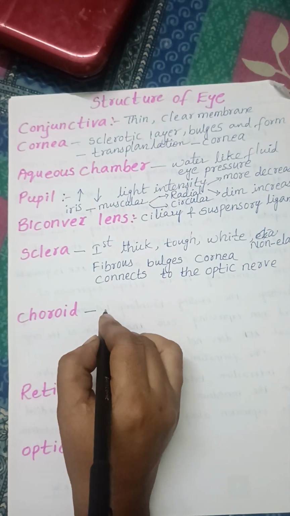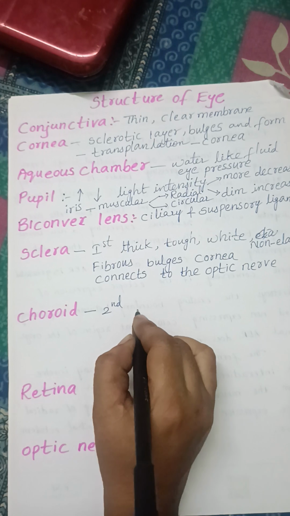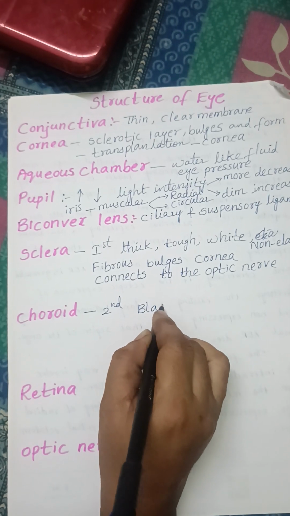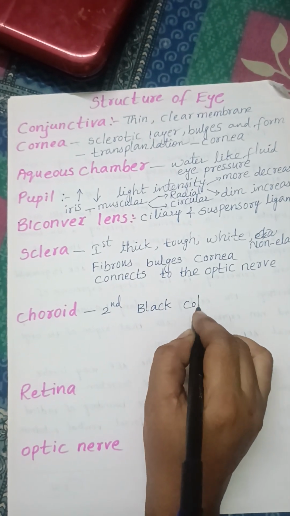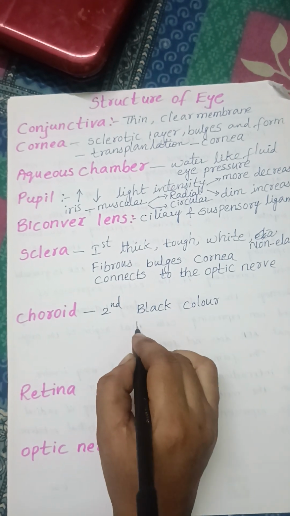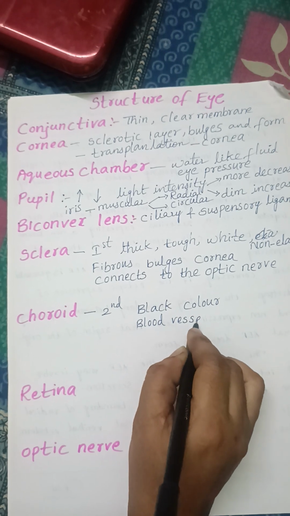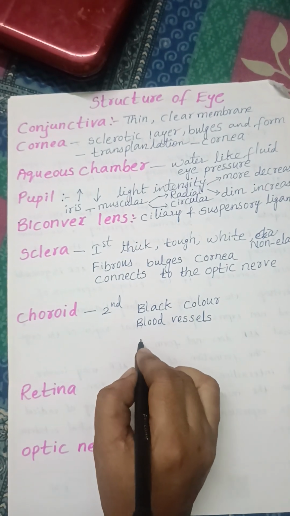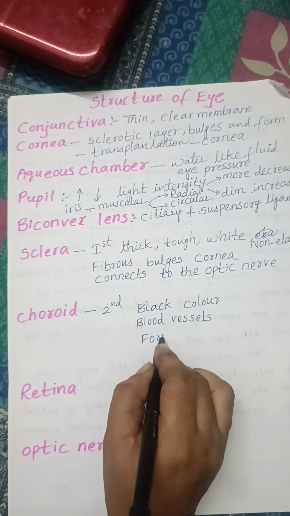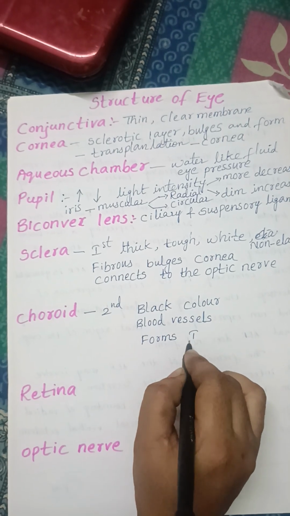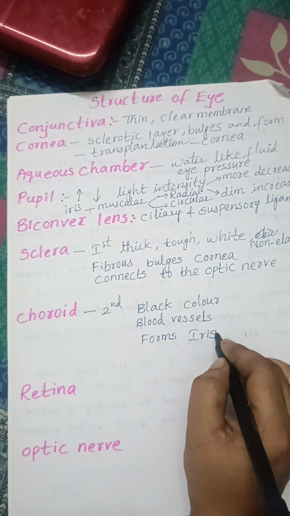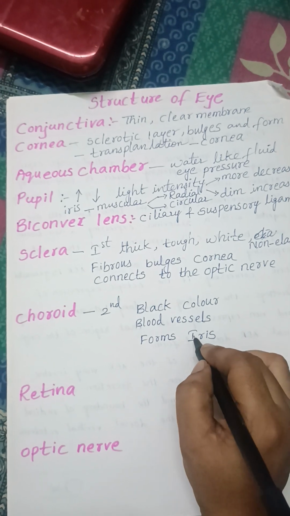So next, choroid is the second layer and it's black color, having the blood vessels, and it forms the iris. So iris is a muscular structure. It is made up of two muscles.